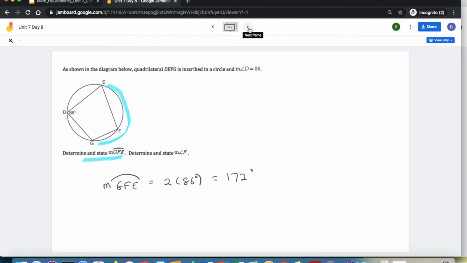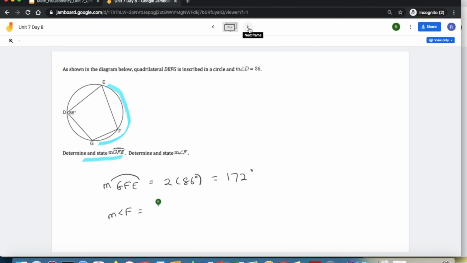So now let's see if we can figure out the measure of angle F. We can think about this in two ways. Based on the last example, we can notice that angle D is opposite angle F, and we know that opposite angles in a cyclic quadrilateral are supplementary.